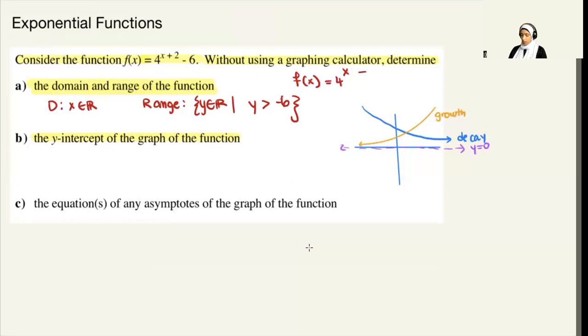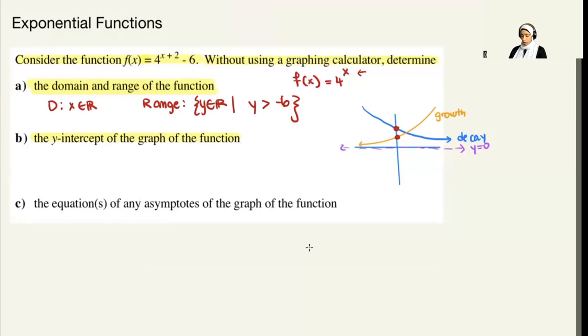Initially the y-intercept, if I set x equal to 0, was just 1, and it's always going to be 1 before any transformations. This one, let's just say it was transformed and it moved up. The original has to always go through 1 because anything to the power of 0 is 1.